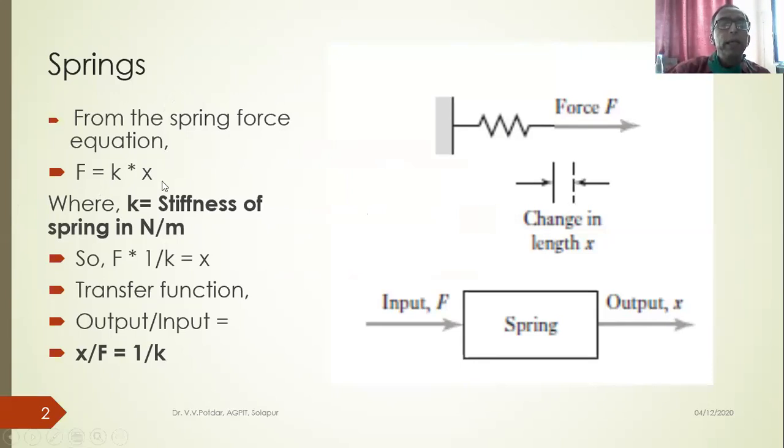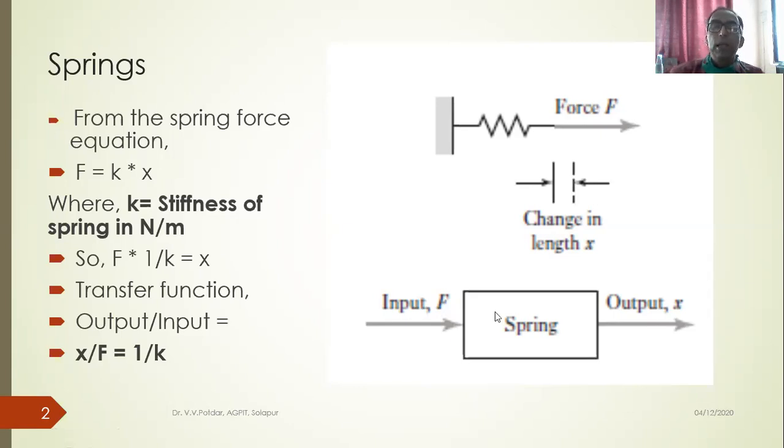So F is equal to Kx, where K is the stiffness of the spring in either Newton per meter or Newton per millimeter, so force per unit length. If you solve it for X, X will be equal to F into 1 upon K. Then we have the transfer function. In the earlier lectures, I talked to you about the transfer function.